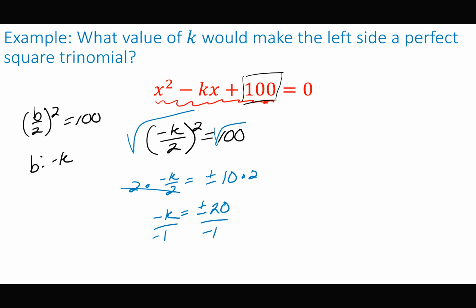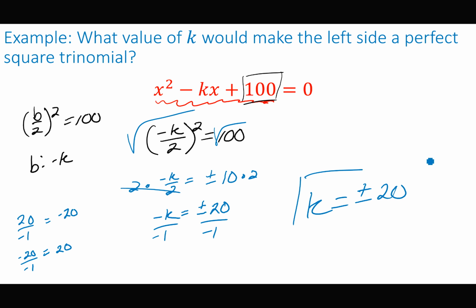So what's happening here is I have 20 divided by negative 1, which is negative 20, but I also have negative 20 divided by negative 1, which equals a positive 20. So I can say k is equal to plus or minus 20. K has to be that value. If I put in here a plus or a minus 20, that will be a perfect square trinomial.